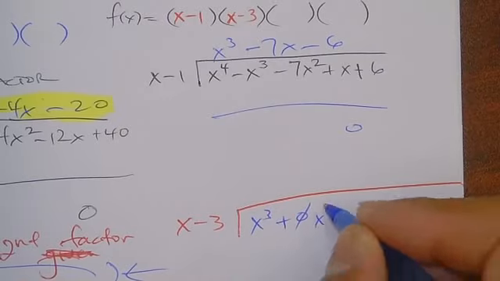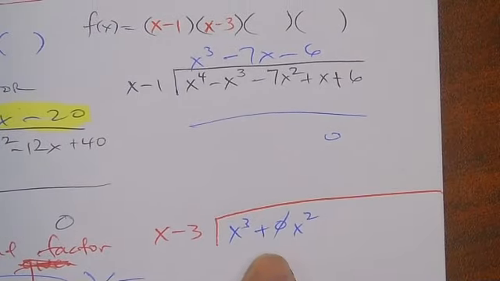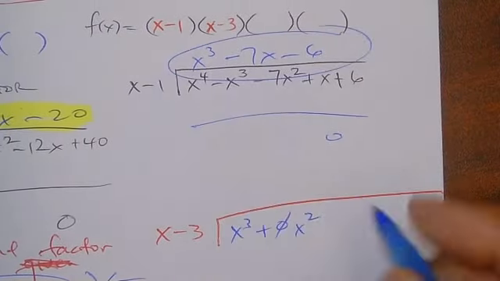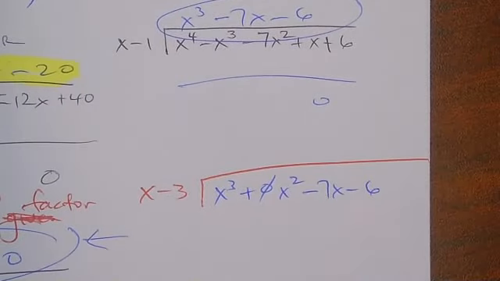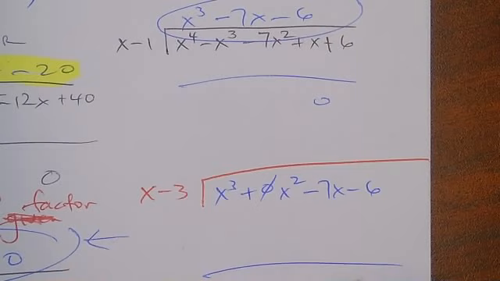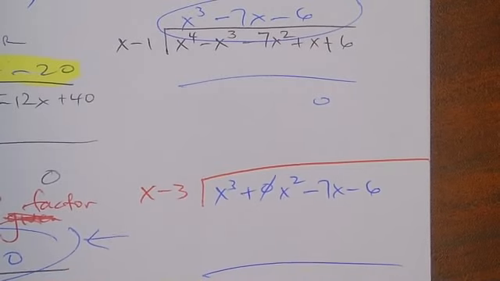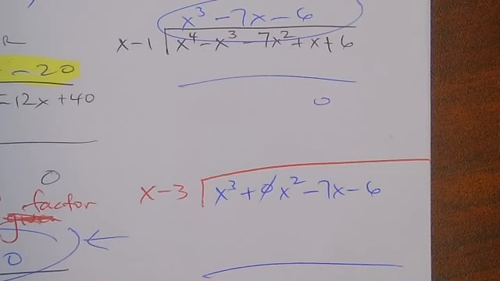Here's what you got to watch out for, and I did have an assignment where if there's missing terms, you need to put that space for the missing term. See, there's a missing x squared term here. Okay, so you would do the long division here, and you better get remainder 0.